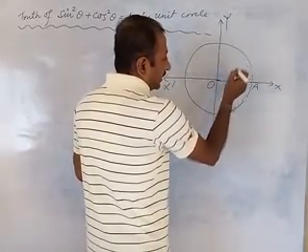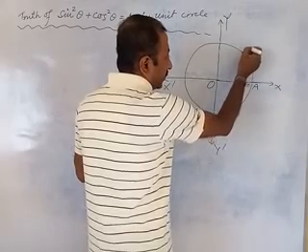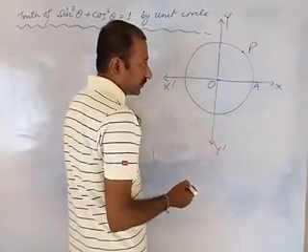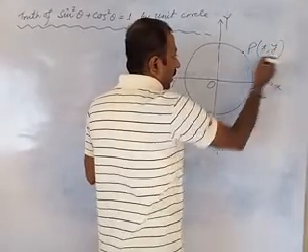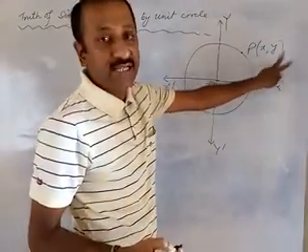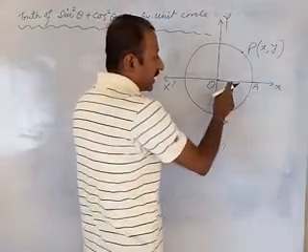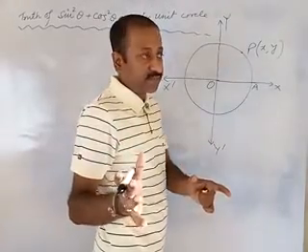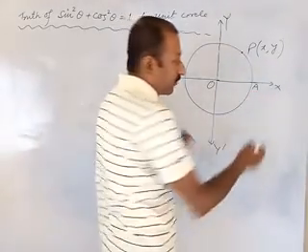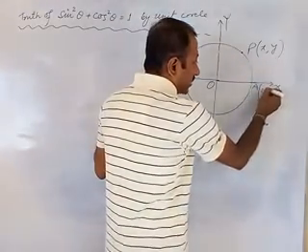Now let us choose a point P on the circumference, whose coordinate is x comma y. Now as it is a unit circle, by the coordinate system we will get the coordinate of A is 1, 0.